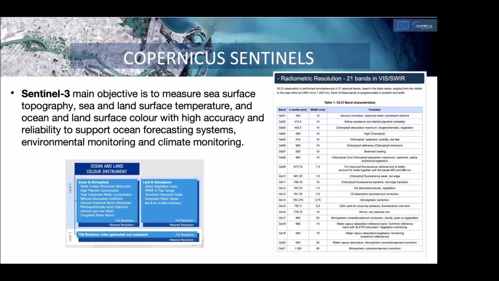The reason we say the main objective is sea surface is because the sea surface is certainly much larger. So from an Earth observation perspective, a lot more data has to be acquired to monitor the global oceans and the global water than the Earth portion of it.